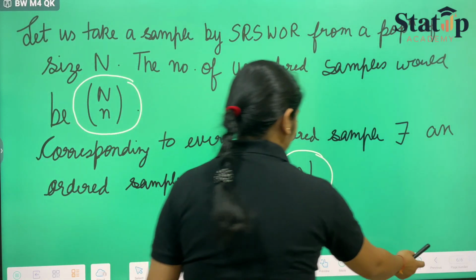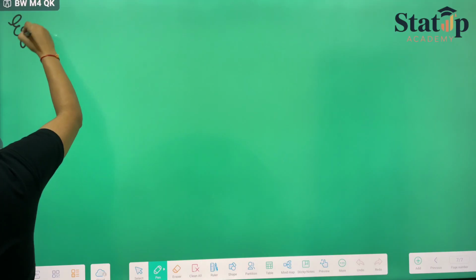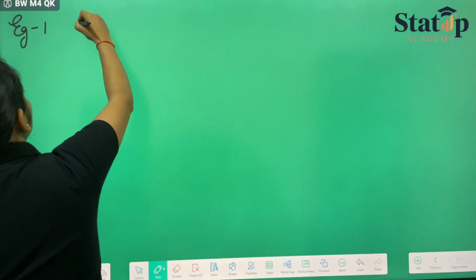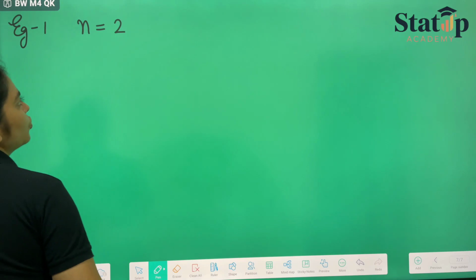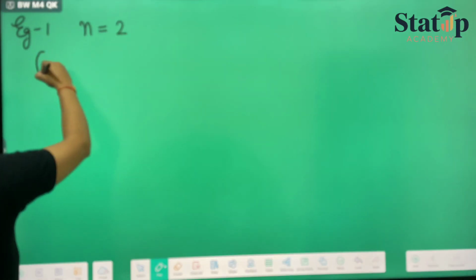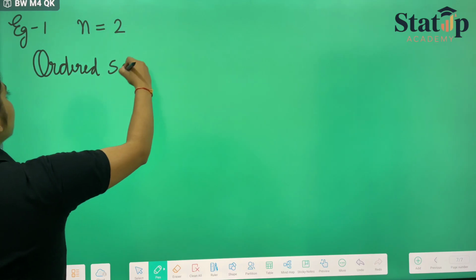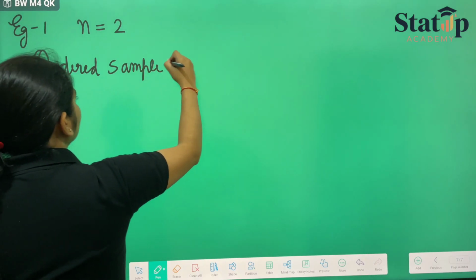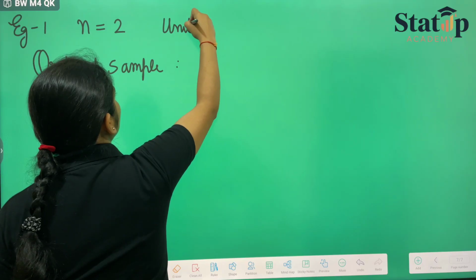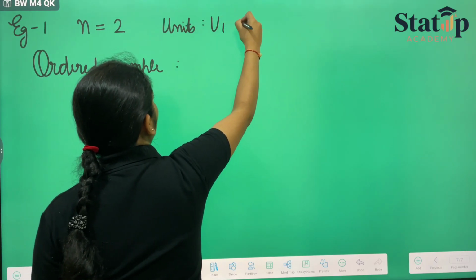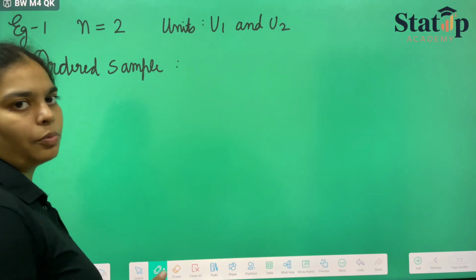Suppose we take example 1. Suppose n, which is the number of draws, is 2. So the ordered sample is, let us take the units as U1 and U2. These two units have to be drawn from the population.